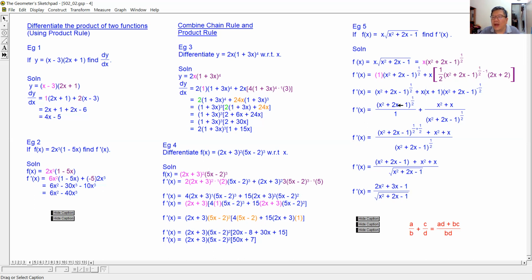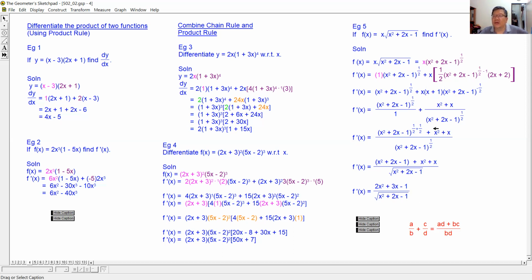Now when you want to add this term together with this term, one square root is at the top, another square root is at the bottom. How do you go about adding this? You remember the algebraic fraction: a over b plus c over d is, you cross, ad plus bc divided by bd.